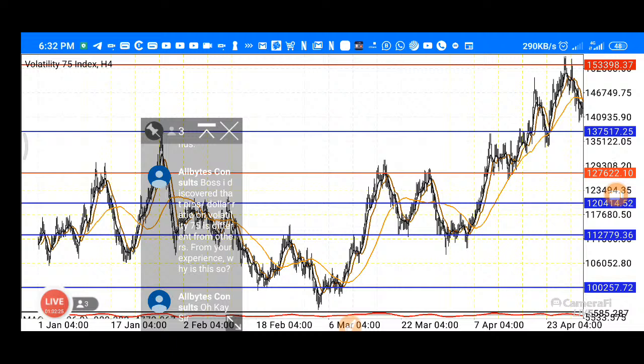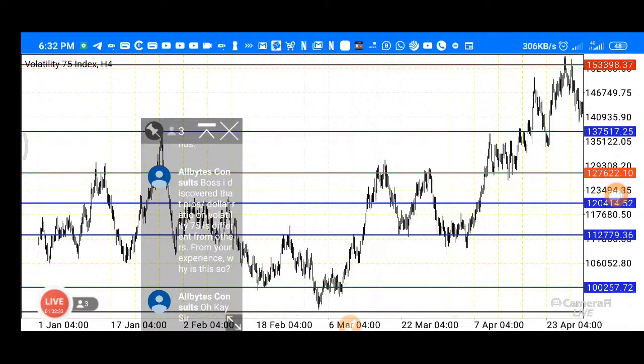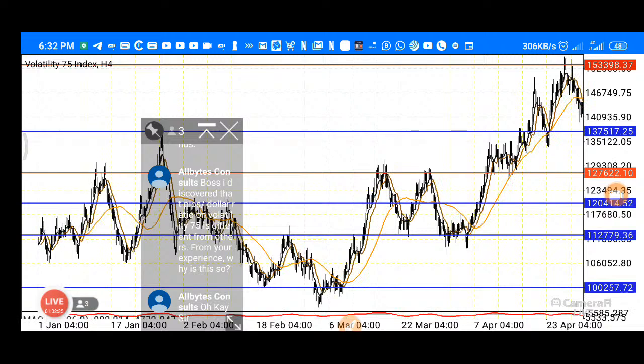And whenever you are taking trades on higher time frames, please minimize your risk and your lot size. Use very, very low lot size. Don't blow your account. Don't use the same lot size you use on smaller time frames for scalping, like 15 minutes. Don't use it on H4 or D1, please.